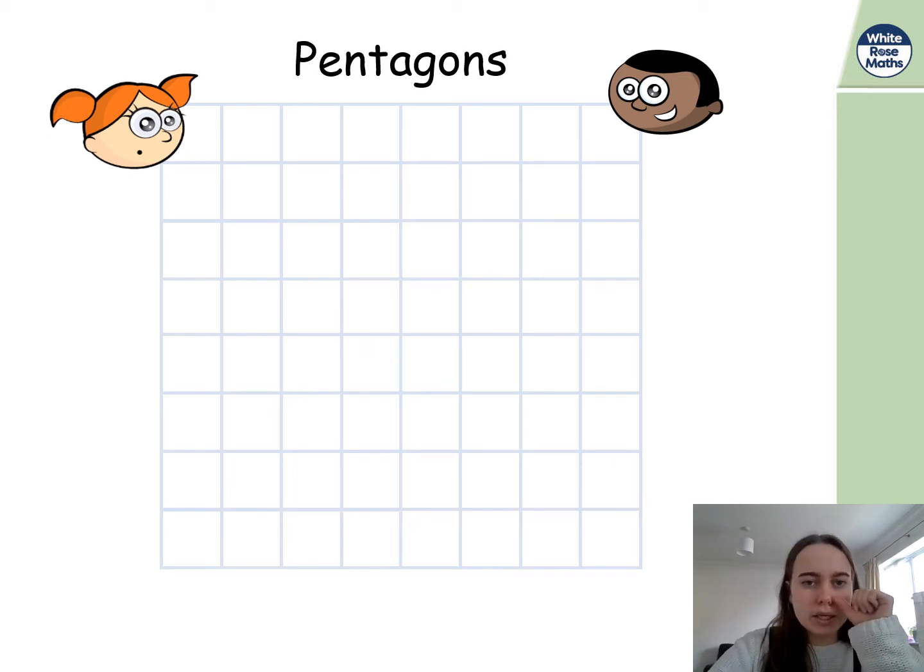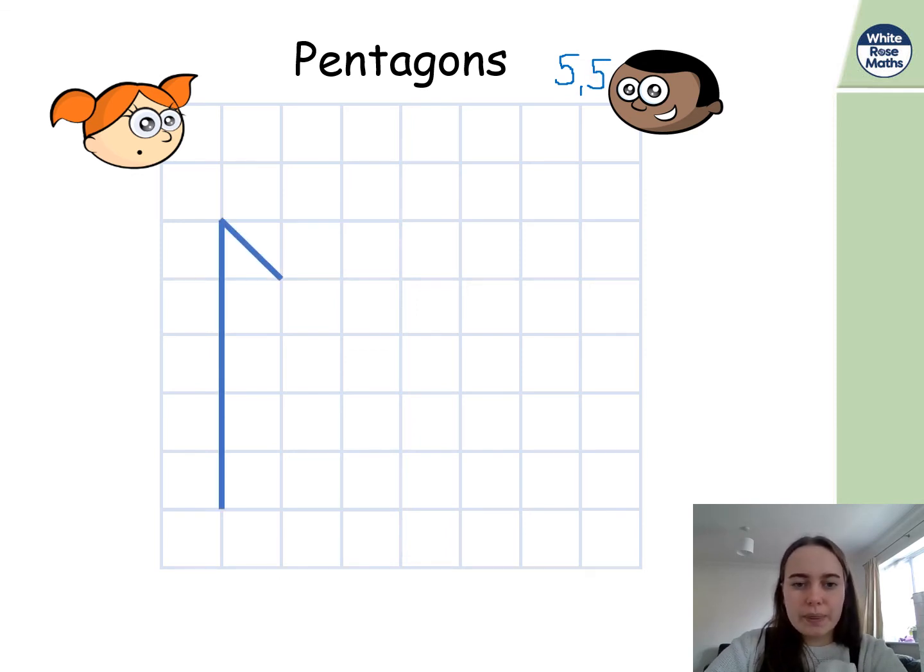Now this time pentagons. Remember pentagons have 5 sides, and if a shape has 5 sides it must have 5 vertices as well. So 1, 2, 3, 4, 5. Now we counted up 5 lines that were drawn, but let's have a look this time at the sides.